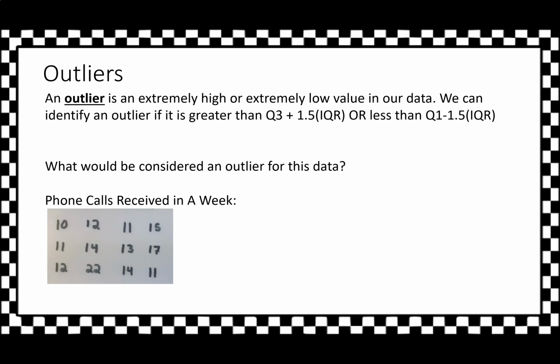Now, to do this, we need to order the data from smallest to greatest. So let's do that now. We're going to have 10, 11, 11, 11, 12, 12, 13, then we've got a 14, 14, a 15, a 17, and a 22.